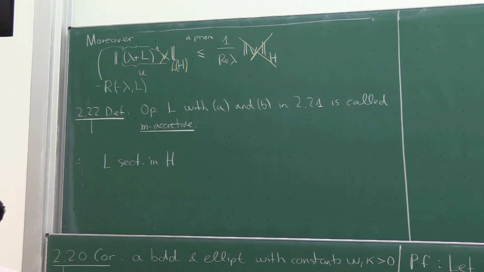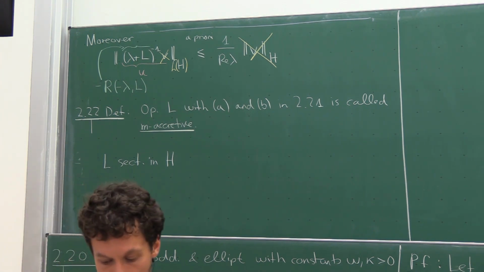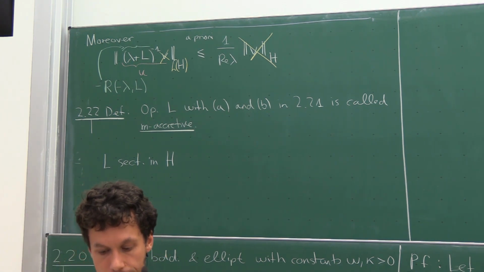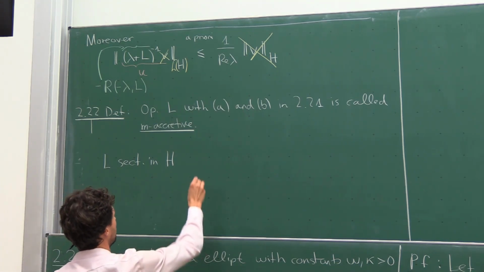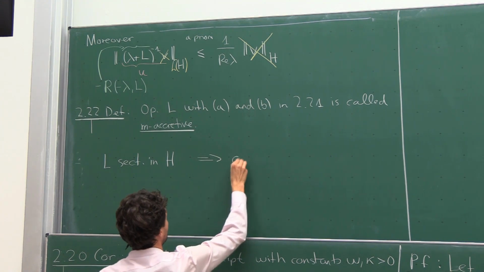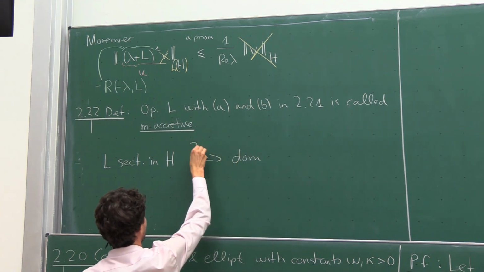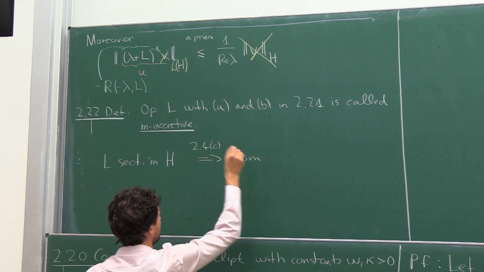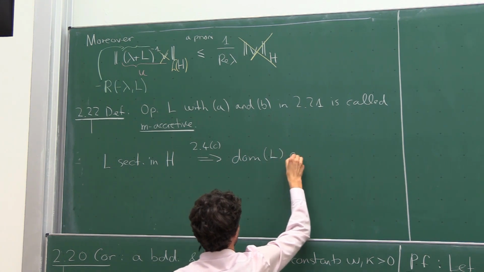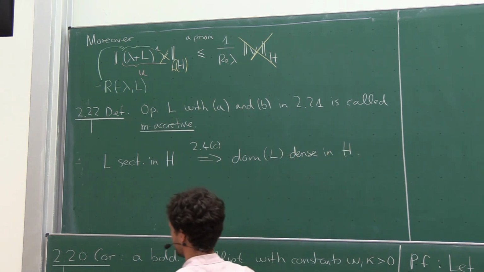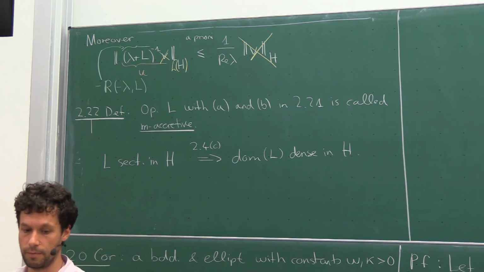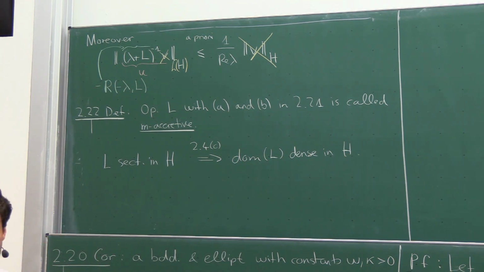So you can write down all of the conclusions from the last lecture. Okay? And one of the conclusions that you can write down is that the domain of L, this was 2.4, maybe C, the domain of L is dense in H. That was one of the most impressive conclusions coming from the resolvent bound within the sector.